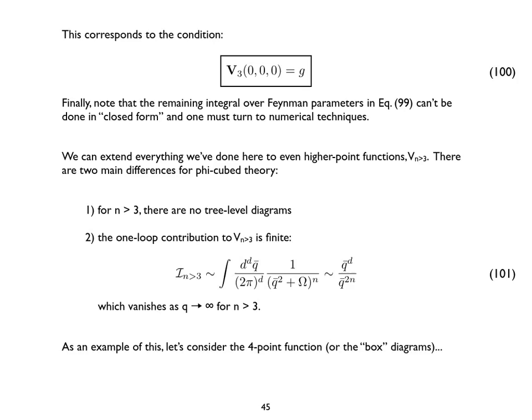The nice thing is that for these vertices with n greater than 3, if you take a look at the loop integrals, you see that it's going to go like q squared to the n power, and this always goes like q to the d, and d is 6. So if n is greater than 3, these will go to 0 as you take q to infinity.